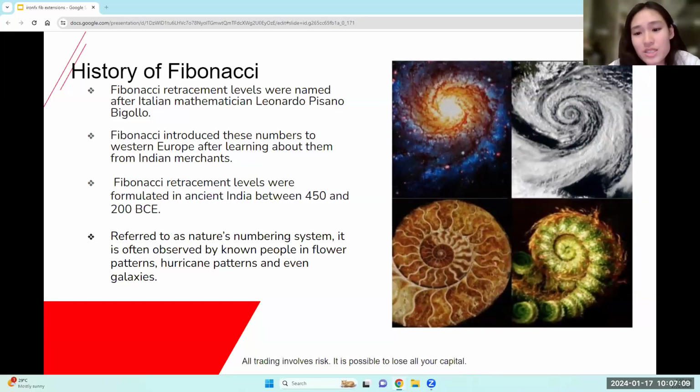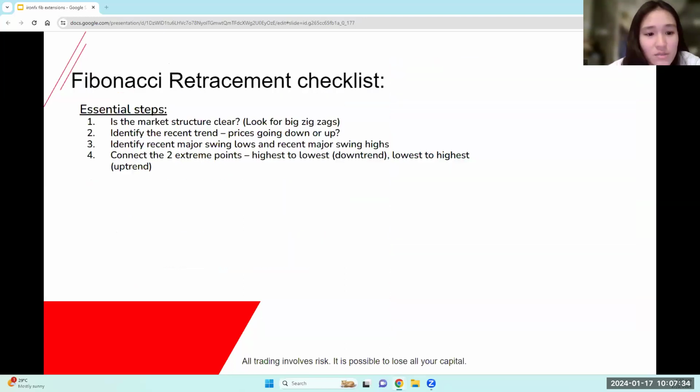Instead, he introduced these numbers to Western Europe after learning about them from Indian merchants. The sequence was formulated in ancient India between 450 to 200 BCE, and is also referred to as nature's numbering system. It's often observed in flower patterns, hurricane patterns, and galaxies.